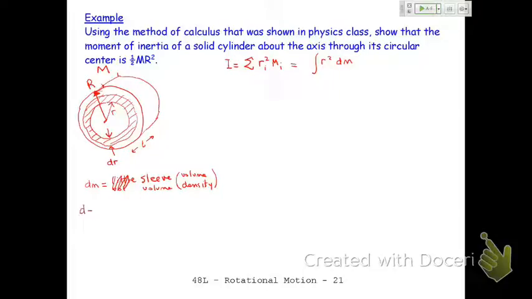So dm is equal to the sleeve volume. And I'm imagining taking that sleeve and pulling it out and then cutting it and unrolling it. So that sleeve becomes a nice wedge. And I know that the thickness is t from the front surface to the back. And I know that the thickness of my slice is dr. What's this distance along here? Can you give me an expression for it?